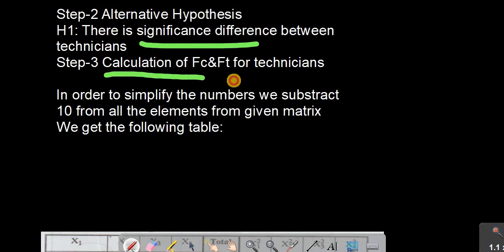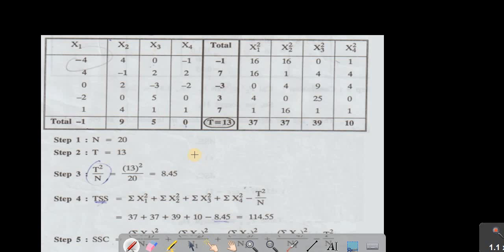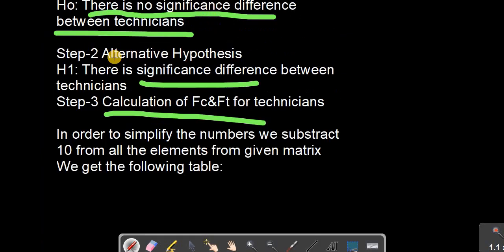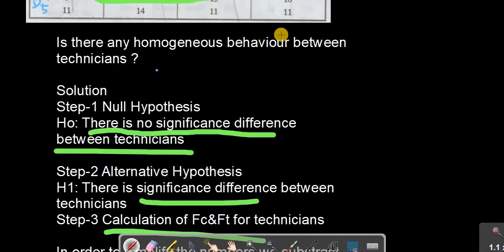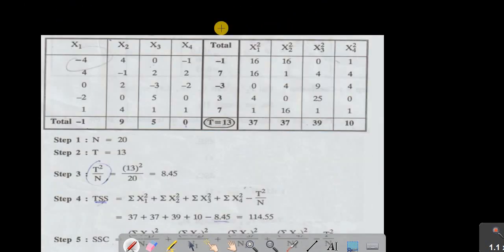Third step, we calculate FC and FT by using this calculation. And it's better that we simplify the given matrix, because we have to square and add, so it may be difficult for us. Therefore we simplify the entries. Okay, so that's what we do here.